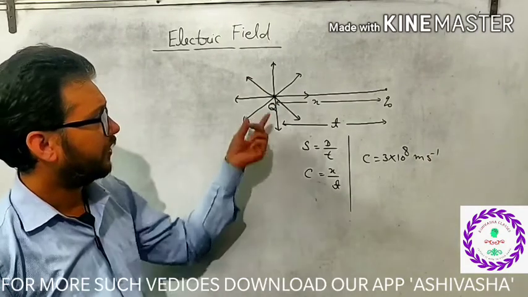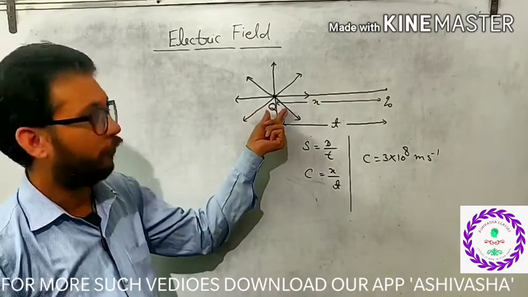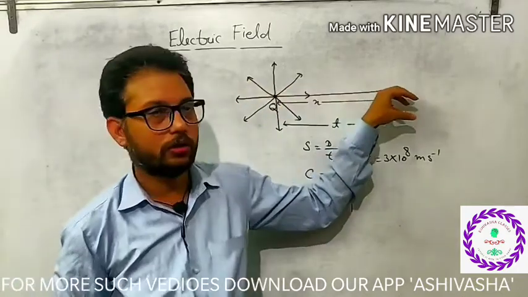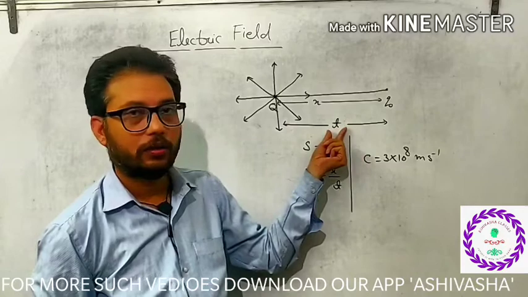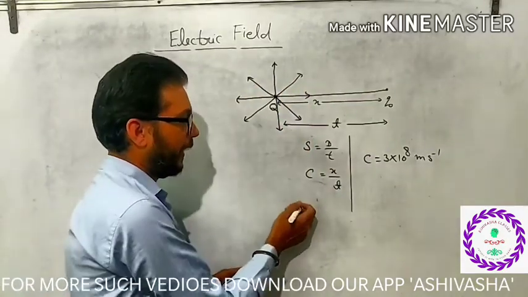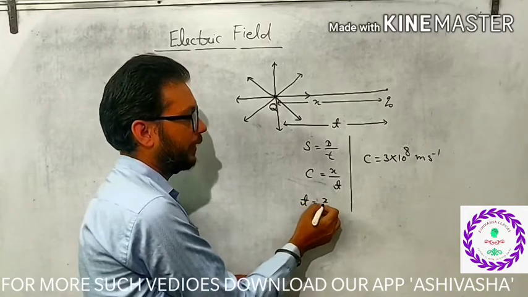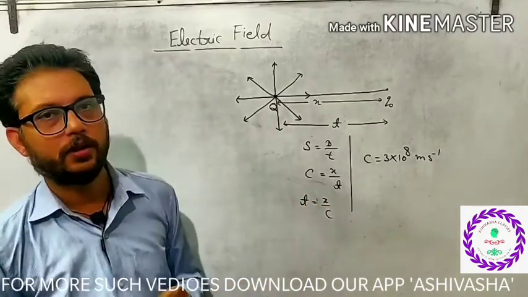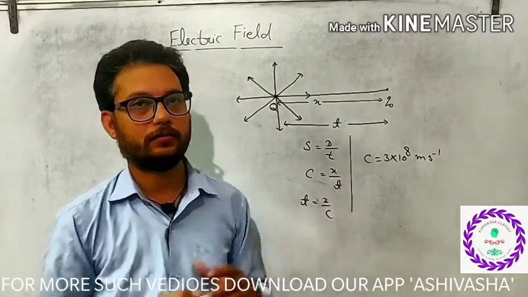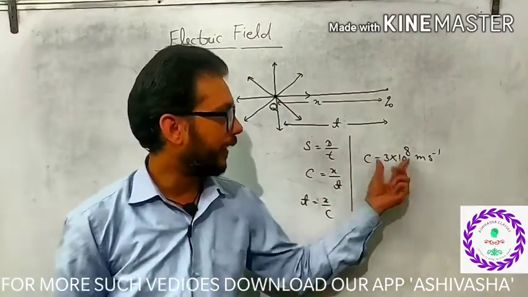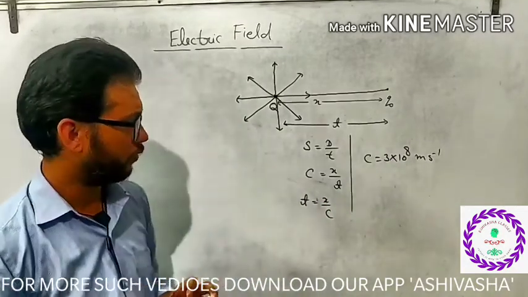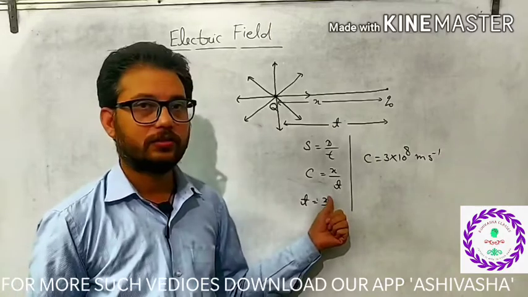So this electric field from charge Q propagates towards Q naught, and the time taken to propagate from here to here can be calculated as t equals x upon c. Now, as we know, c is constant. Its value is 3 into 10 to power 8 meter per second in vacuum. What about x?